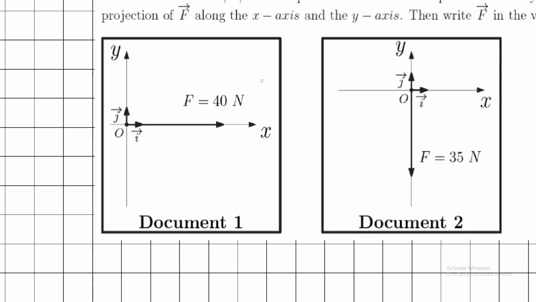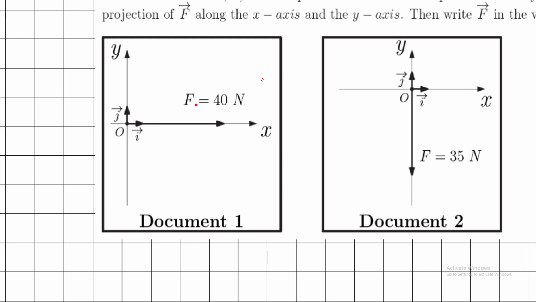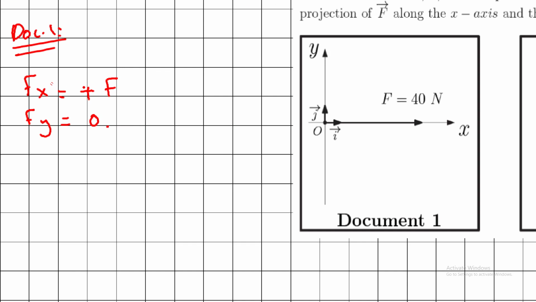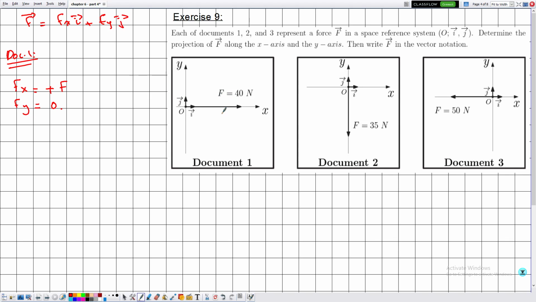Notice that in this case the force F completely lies on the x-axis and it's in the same direction, so it's plus F. And in this case Fy will be simply 0. So in case the force F lies along one of the axes, we will place a plus or a minus sign depending on whether it's pointing in the same or an opposite direction, and we will directly place the magnitude.